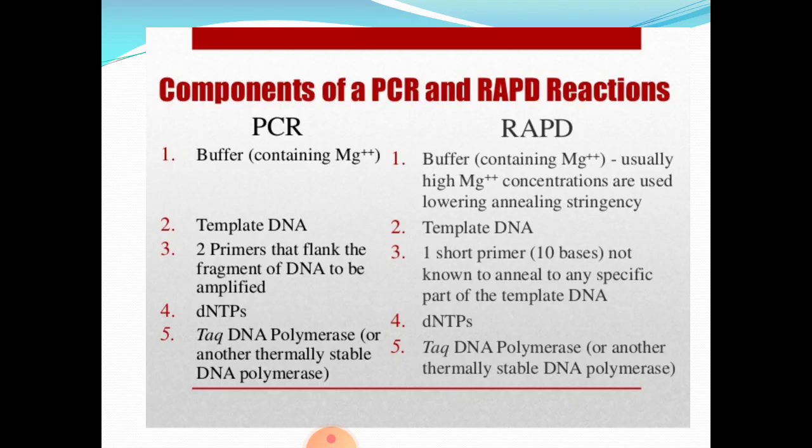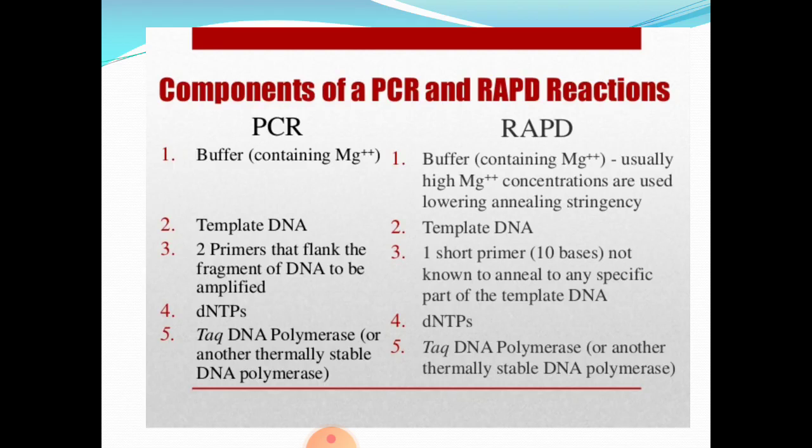What is the template used? In both cases, it is DNA. In PCR, as you have already learnt, two primers that flank the fragment of DNA to be amplified are used. You make use of two primers which flank the region of the DNA to be amplified.